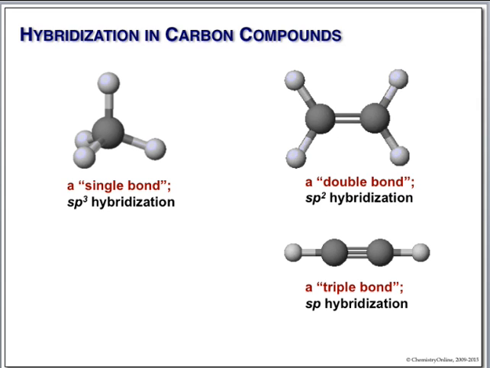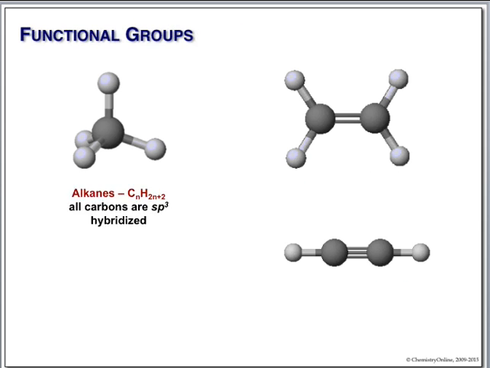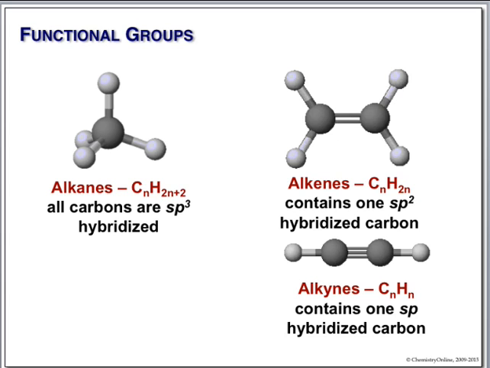In organic chemistry, we will talk about compounds like this as functional groups. The functional groups we're dealing with here are going to be called alkanes, alkenes, and alkynes.